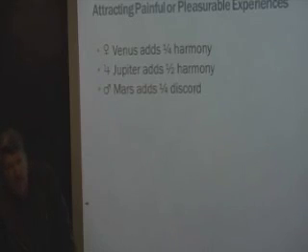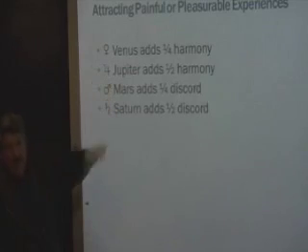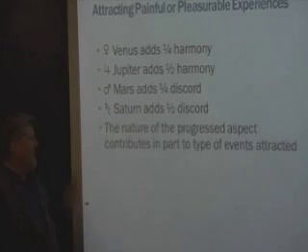Mars has 1/4 discord, and Saturn has 1/2 discord. So whenever these planets are involved in a progression, Venus will bring gifts, Jupiter brings things in abundance, Mars tends to bring strife, and Saturn tends to bring these very dutiful or laborious situations to us. The rest of the planets are all neutral.